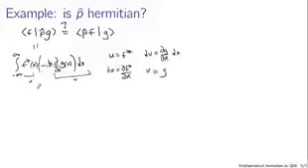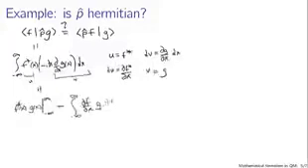Integration by parts then says this whole thing is going to be equal to f star of x, g of x, evaluated at my boundary, minus infinity to infinity, minus the integral from minus infinity to infinity of these two guys, v du. So I have my partial f partial x, and I have my g, and I'm integrating dx. Technically I should put a dx there in my integration by parts notation.